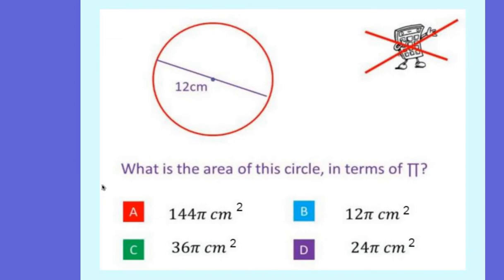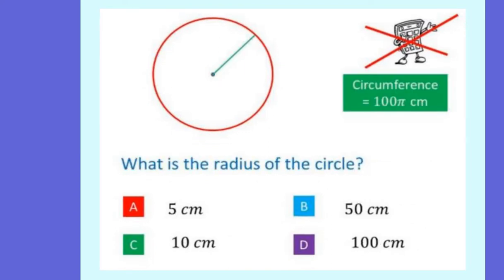Question number 4. What is the area of this circle in terms of pi? Pause the video if you need any extra time. Question number 5, what is the radius of this circle? The circumference is 100 pi. What's the radius going to be?